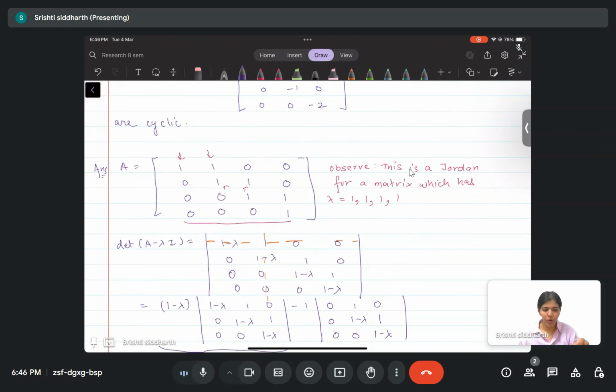The Jordan form for the matrix, or just a Jordan block, for lambda equals 1. We will generate multiplicity of 4.